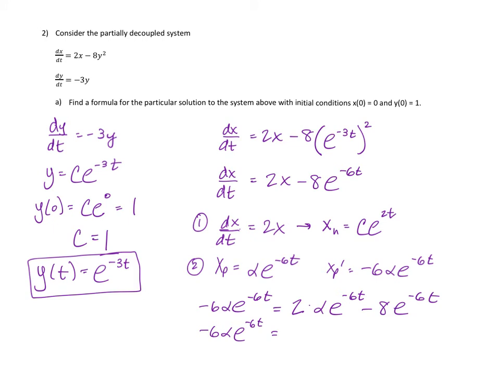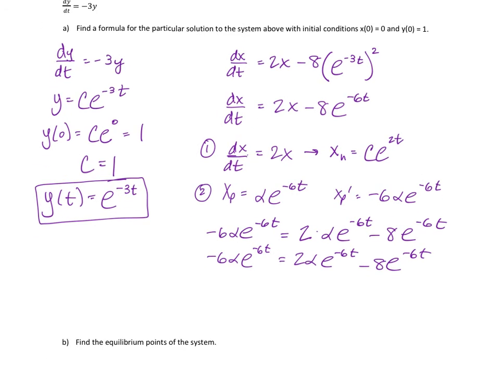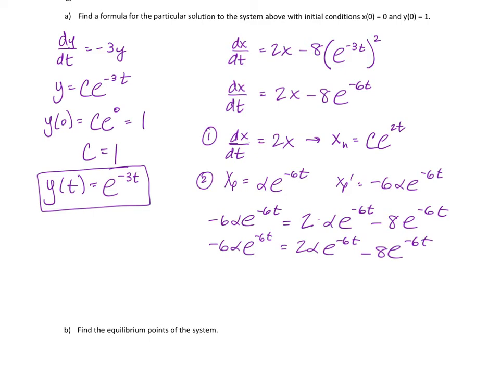Equals 2 alpha e to the negative 6t minus 8 e to the negative 6t. Okay, so on the right, I'm going to factor out an e to the negative 6t. So I have 2 alpha minus 8 times e to the negative 6t equals negative 6 alpha e to the negative 6t.